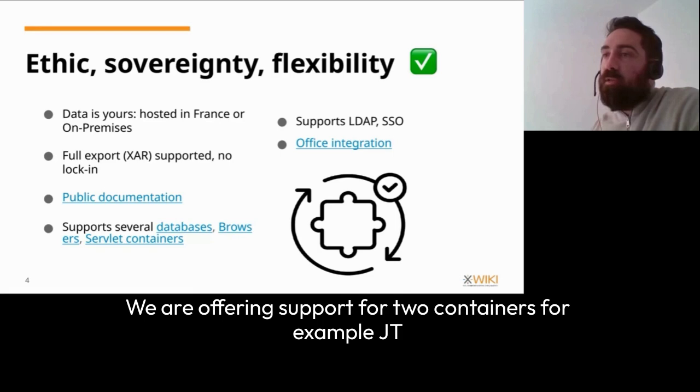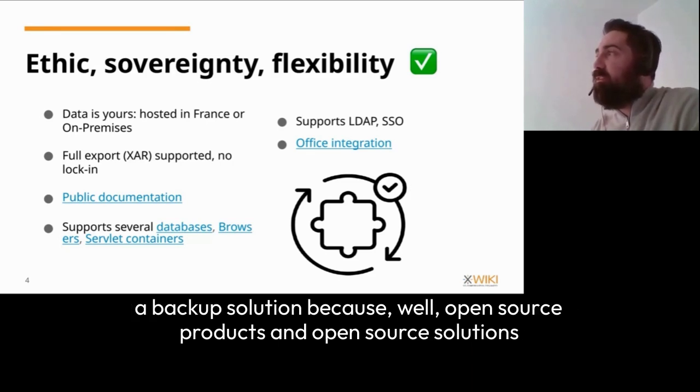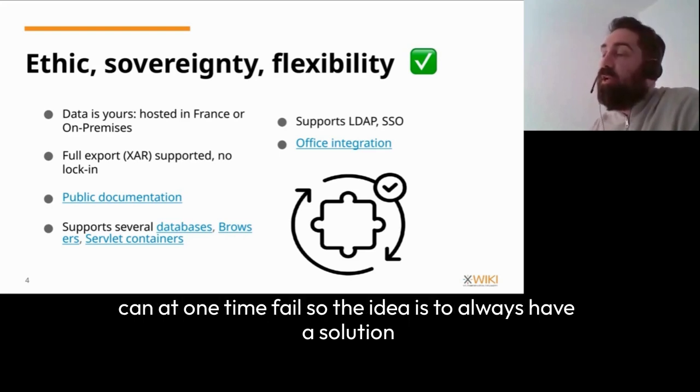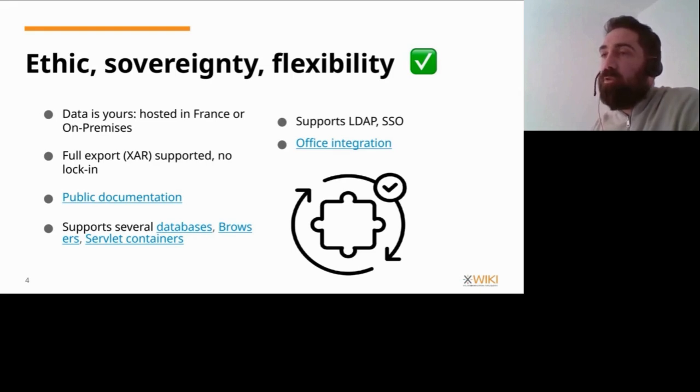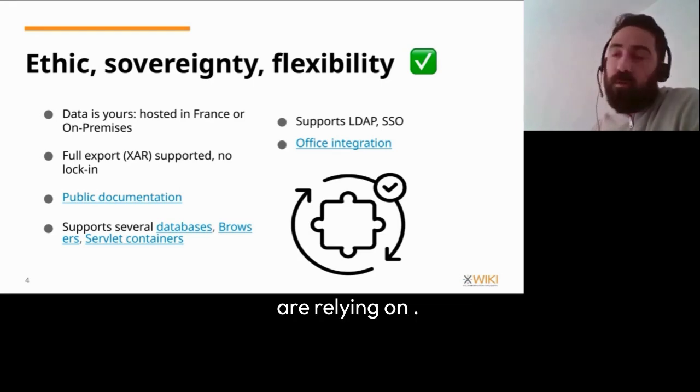We are offering support for 2 servlet containers also, for example, Jetty and Tomcat. So the idea behind that is to always have a backup solution, because, well, open source products and open source solutions can at one time fail. So the idea is to always have a solution in case of bad behavior of any open source products we are relying on.